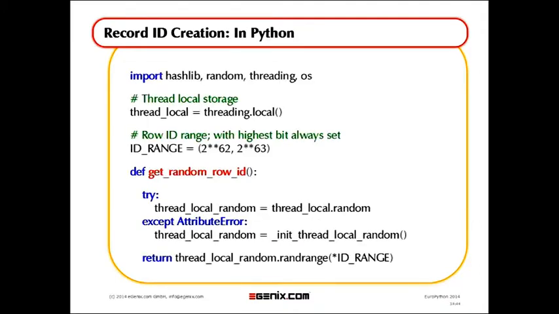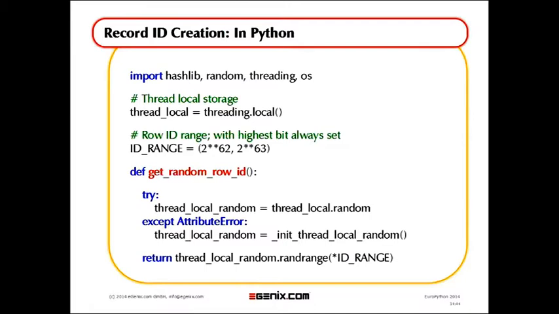How does this work in Python? Well, first you have to set some constants, so you have to have a row range ID. What we often do is we set the highest bit so the IDs look nice. Then you have an API get random row ID.